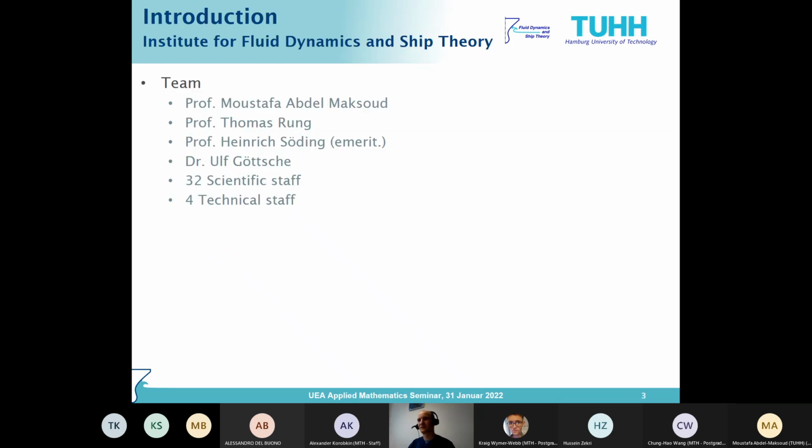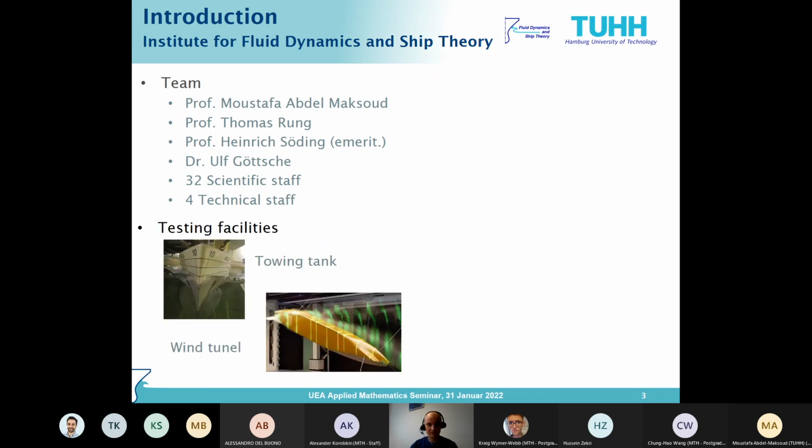Okay, now let me first introduce our institute. I'm working at the Institute for Fluid Dynamics and Ship Theory, which is located at Hamburg University of Technology. Our team consists of 3 professors, one of which is emeritus, one chief researcher and 32 scientific employees, who are mainly PhD students but also some postdocs, and 4 technical employees, who take care basically of the testing facilities.